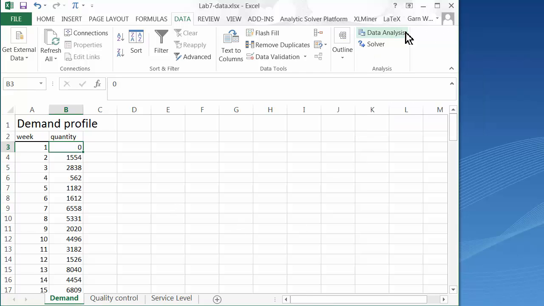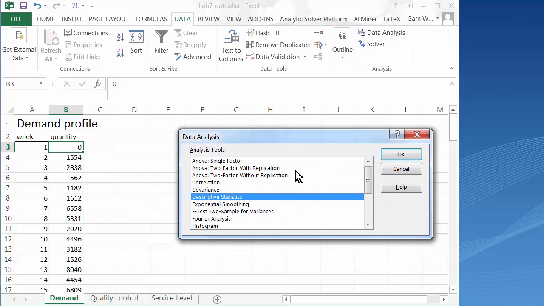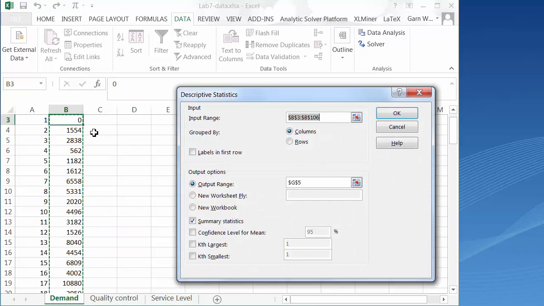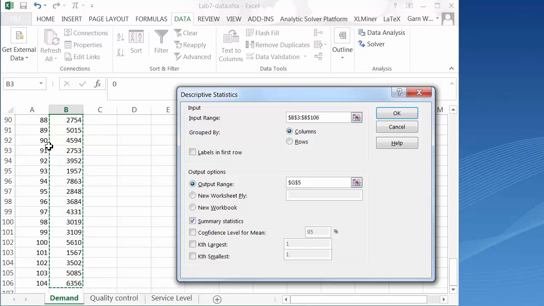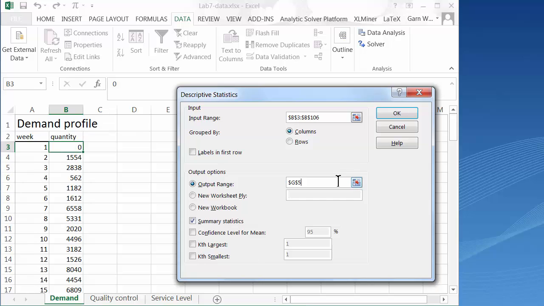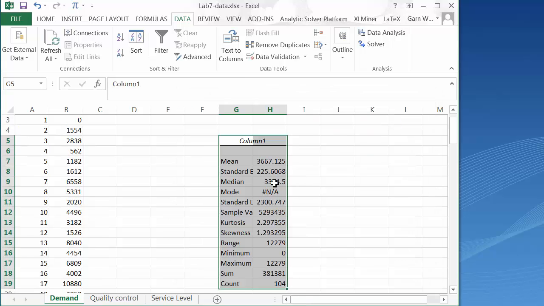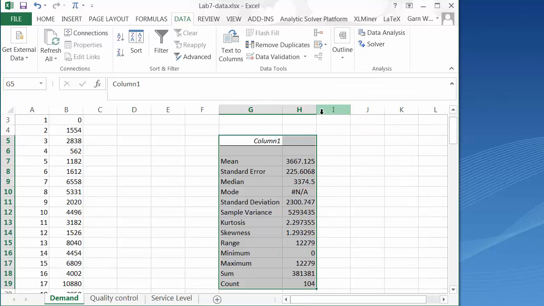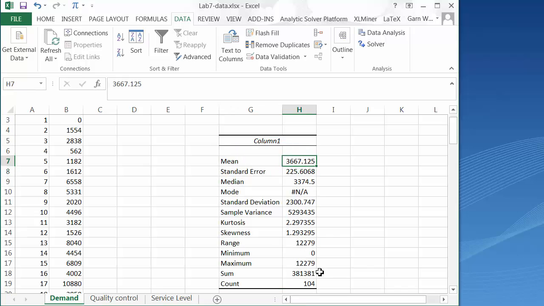Now you can select the descriptive statistics and select the range from E3 to E106, and you would like to also specify the output range. Let's go to G5 and select the summary statistics, and immediately we have an idea of what is going on.